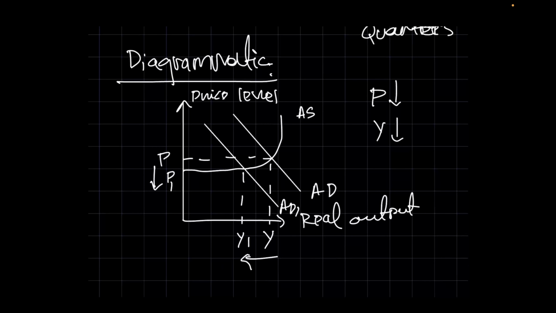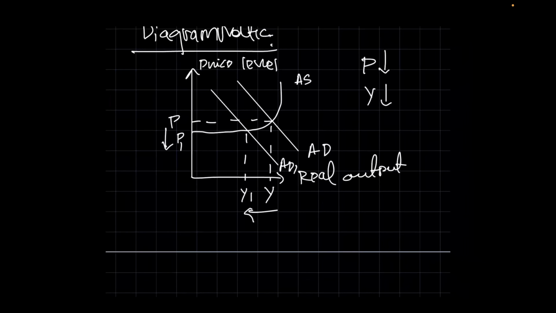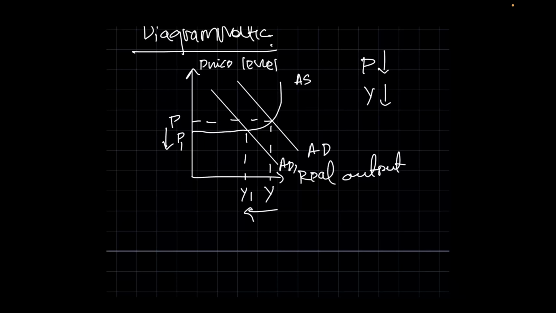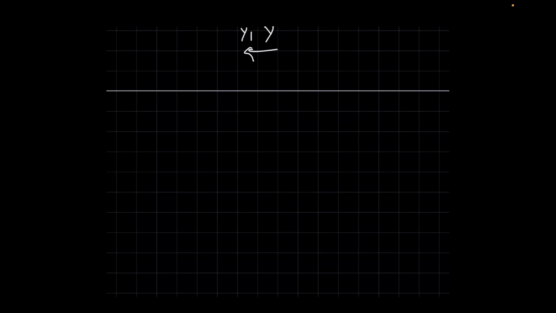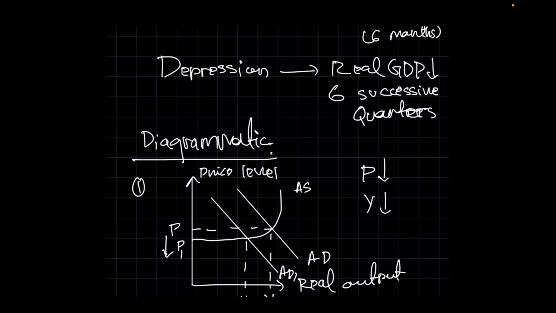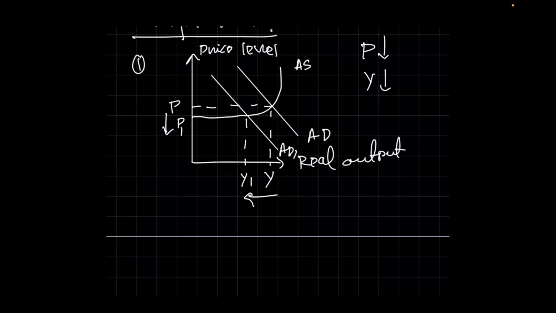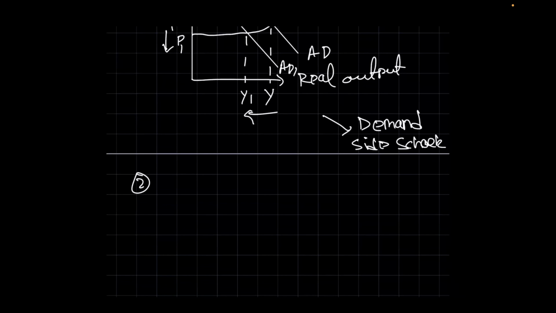There are now lower prices, but despite that there's still very low consumption and aggregate demand because there's no confidence in the economy. This could be seen in the 2008 financial crisis, for example. That was the demand side shock. This scenario where demand decreases, leading to a recession, is what you call a demand side shock. On the other end, you can also have a supply side shock as one of the reasons for a recession.